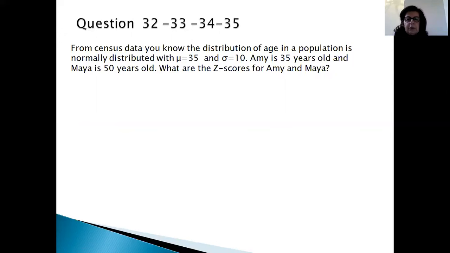We can calculate this by hand easily by now, right? 35 minus 35 divided by 10 is going to give us the z-score for Amy. 50 minus 35 divided by 10 is going to give us the z-score for Maya. So Amy's z-score is 0 and Maya's z-score is 1.5.